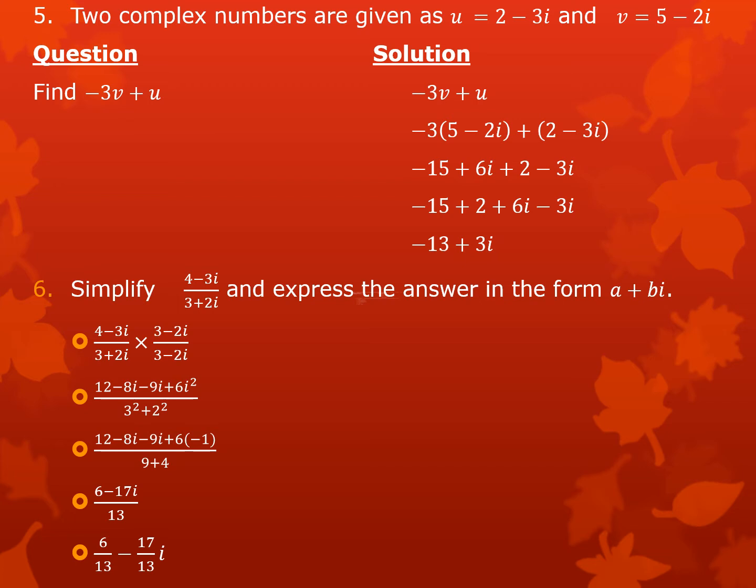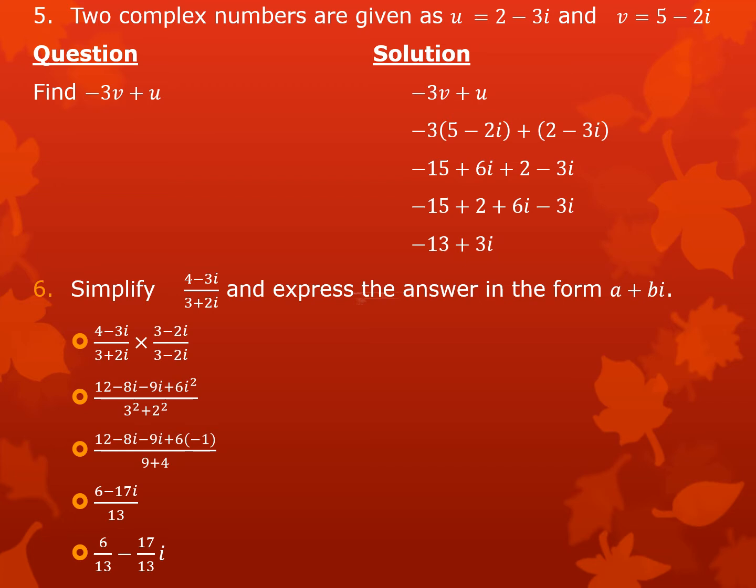So that gives us negative 15 plus 2 plus 6 minus 3i. Further simplifying, that gives us negative 13 plus 3i. So the final answer is negative 3v plus u is equal to negative 13 plus 3i.